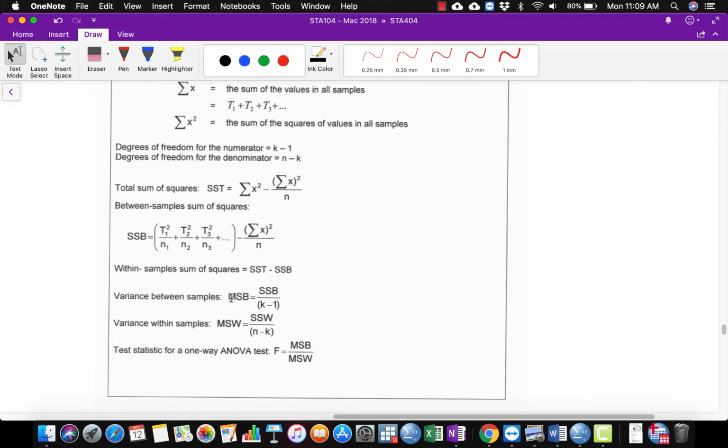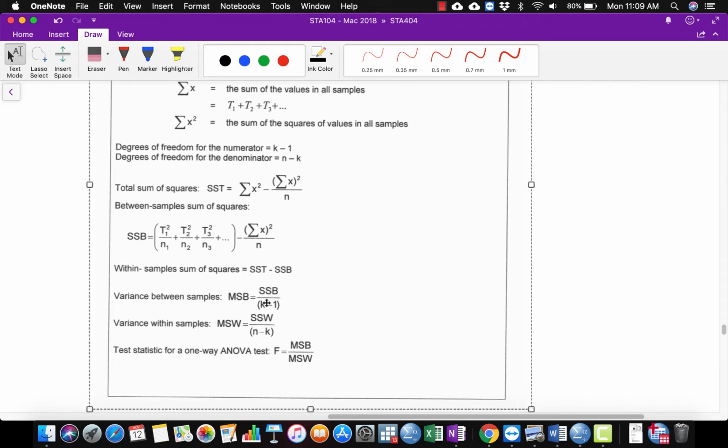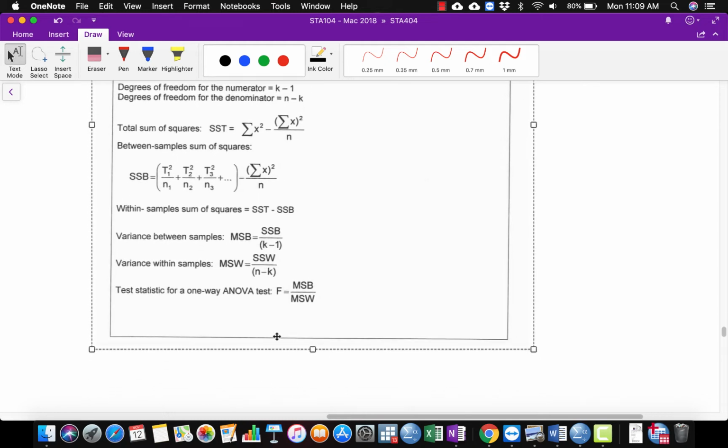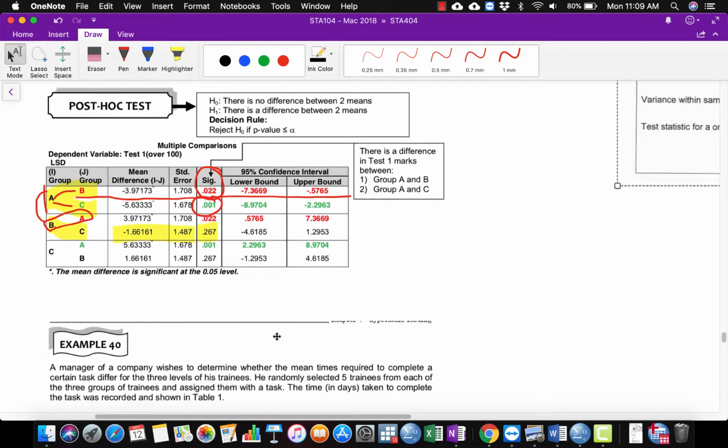Mean square between group is sum of square between group divided by k minus 1, which is the degree of freedom for between group. The same goes for mean square within group: sample size minus number of groups. And to get the value of F, it is mean square between group divided by mean square within group.